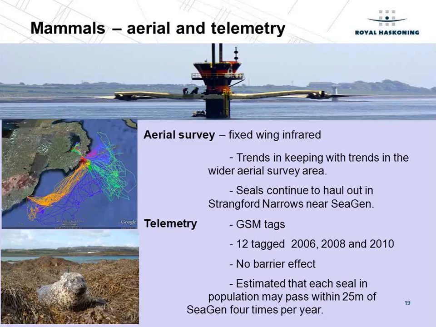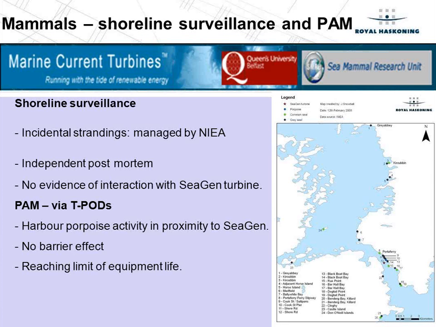The telemetry, we use GSM tags with 12 animals tagged at the 3 periods shown. We've clearly shown there's no barrier effect, and analysis of the data and a number of assumptions have allowed us to estimate that each seal in the population may pass within 20 to 25 meters of CGen up to 4 times a year. Next slide, please.